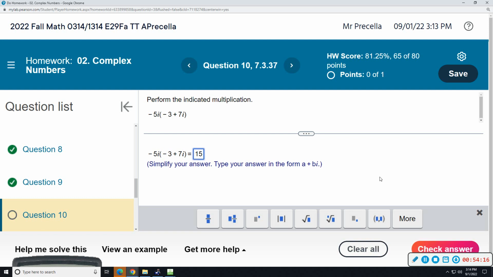And so they're changing the programming so that, yes, they want that i to be second. And I could go through why they might want it like that, but for one thing, the instructions say type your answer in the form a plus bi. They might take it as 15i plus 35, but there's some other stuff yesterday, if you watched yesterday's video, where I was saying it'll take either answer, and oh no, it doesn't.